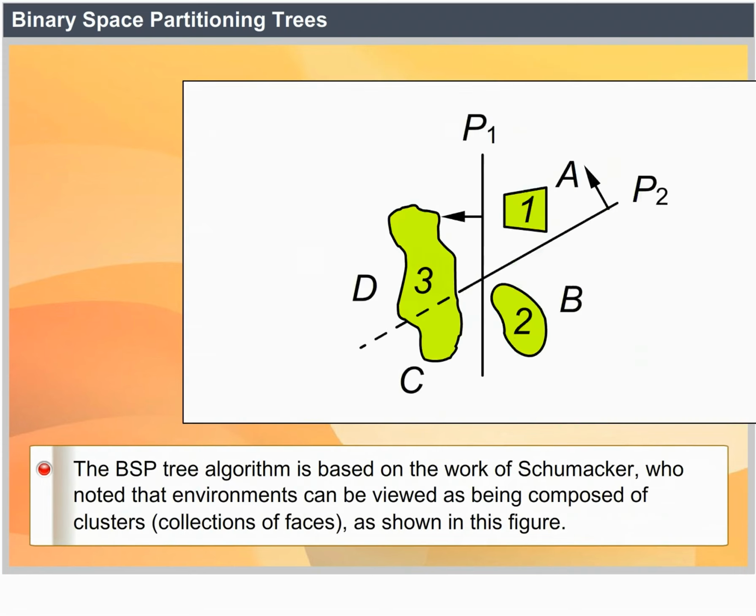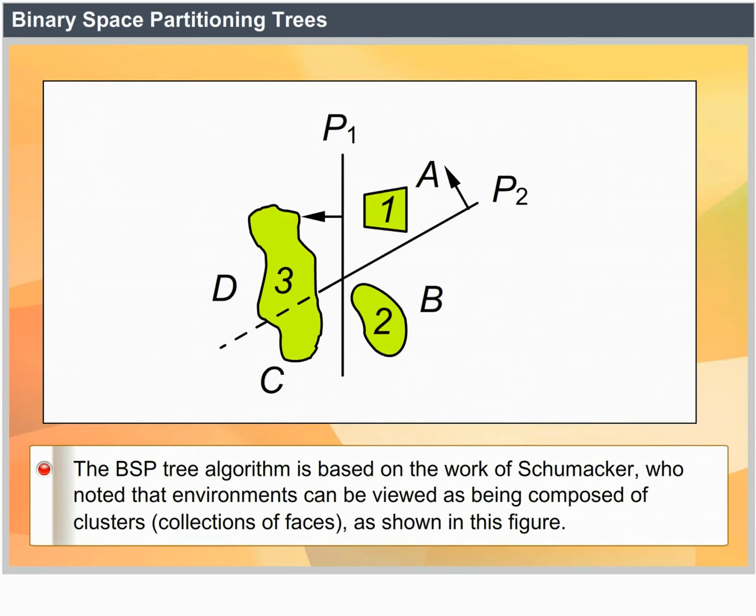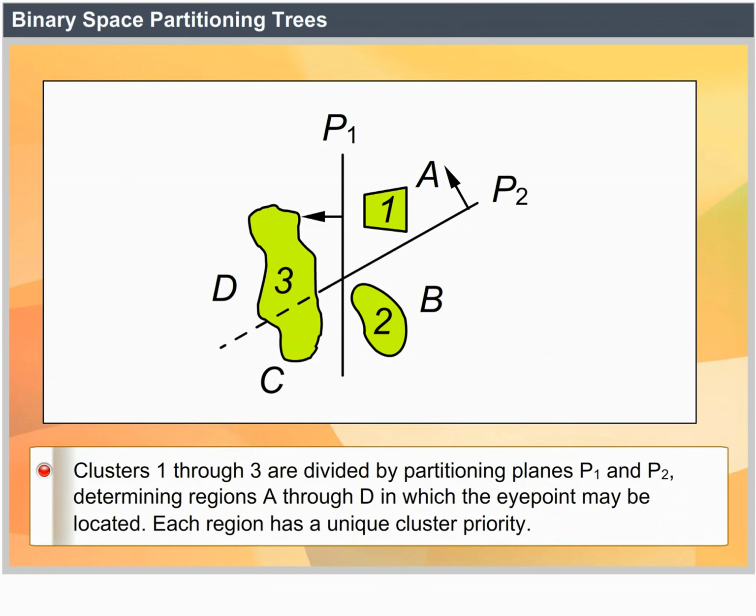The BSP tree algorithm is based on the work of Schumacher, who noted that environments can be viewed as being composed of clusters, collections of faces, as shown in this figure. Clusters 1 through 3 are divided by partitioning planes P1 and P2, determining regions A through D, in which the eye point may be located.